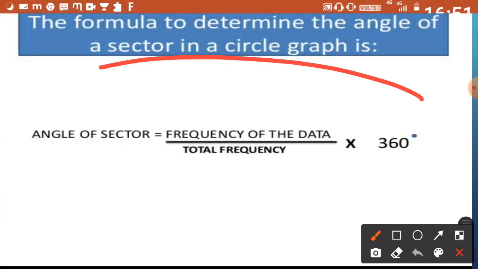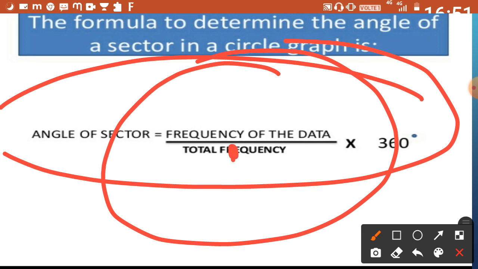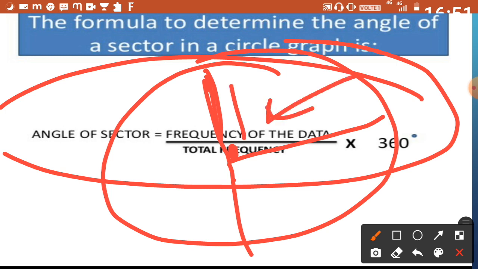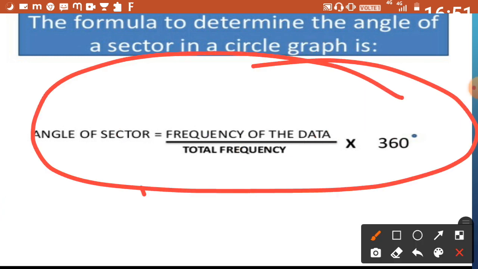Then here is the formula to find the angle of a sector. So what is the angle of a sector? Let this be the pie chart. So I have to draw certain angles, right? Let's consider this would be 120 degrees. So how do I know that this would be 120 degrees? The formula to find the angle of a sector is this.